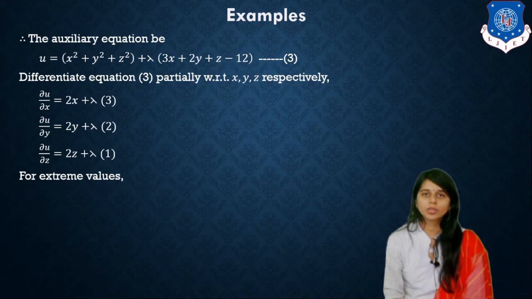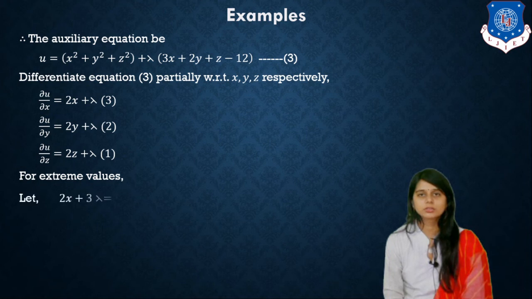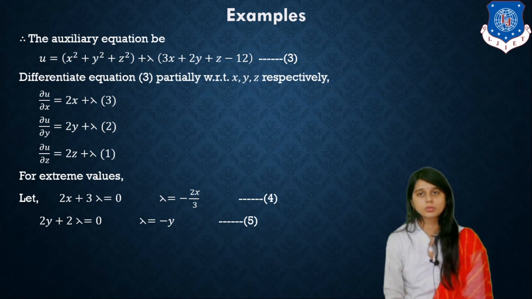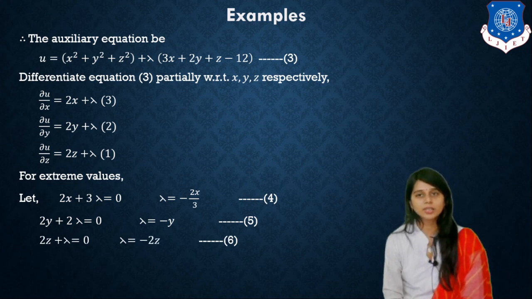For the extreme value, solve these equations. 2x plus 3 lambda equal to 0, so lambda equal to minus 2x by 3, that is our equation 4. 2y plus 2 lambda equal to 0, so lambda equal to minus y, it is equation 5. 2z plus lambda equal to 0, so lambda equal to minus 2z, it is equation 6.